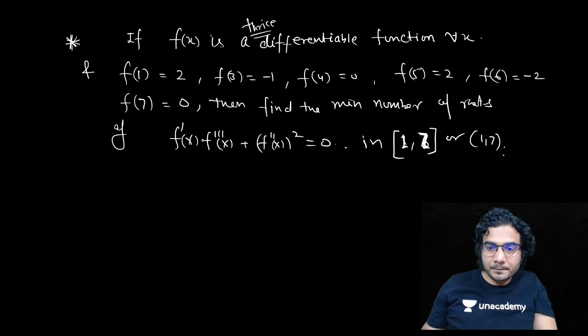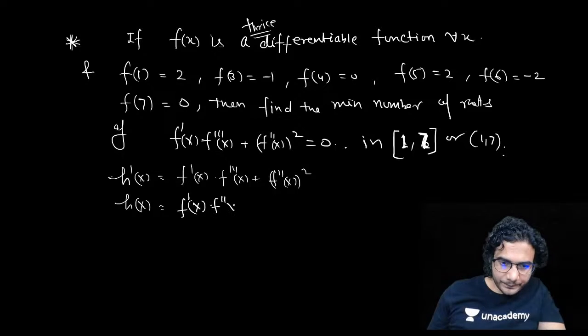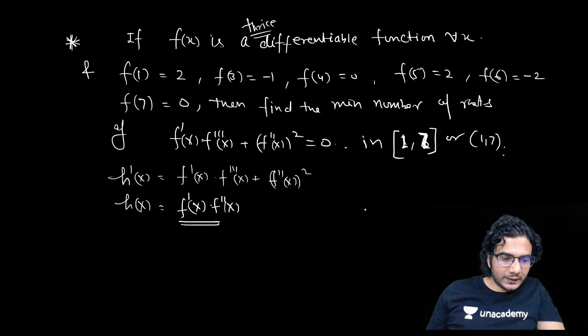Let's see. Whose derivative is this, by the way? If I write h dash x is equal to this, f dash x into f double dash, right? This is your f. Now see, it's not f dash x square.